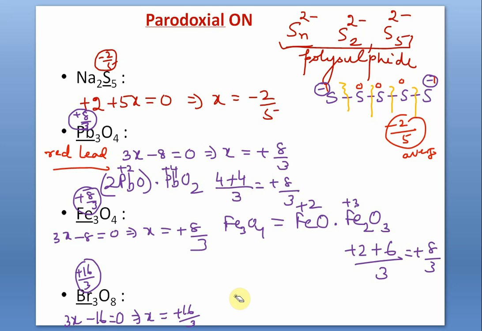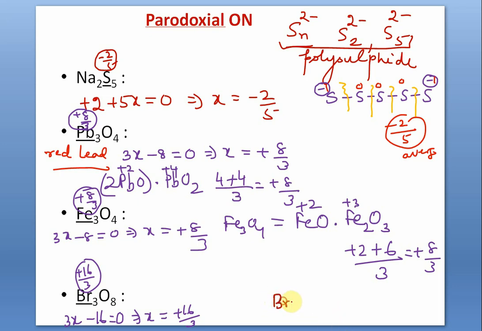Just get this as an information. What are real oxidation number and what are paradoxical ON number? That concept you be clear. That's it. Now let me draw the structure, and I'll ask you to stop the video at that moment and find out what is the oxidation number of each bromine atom.